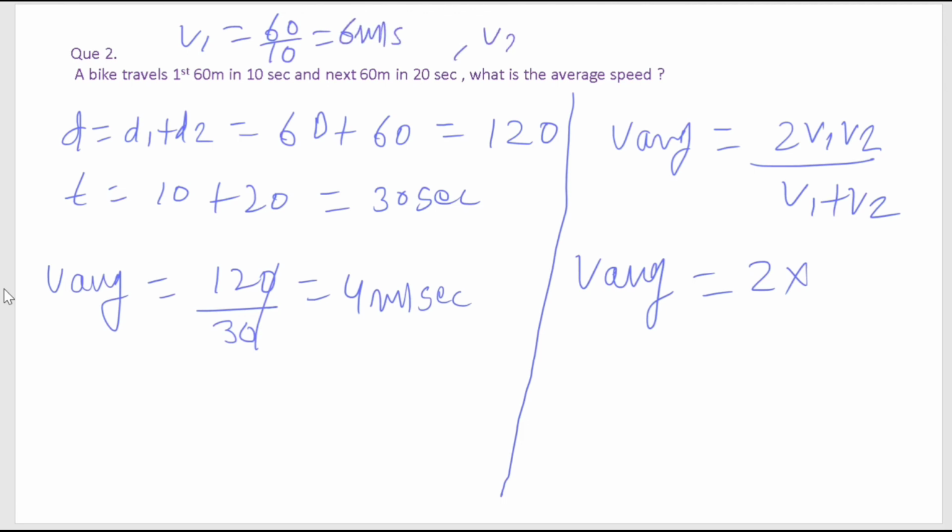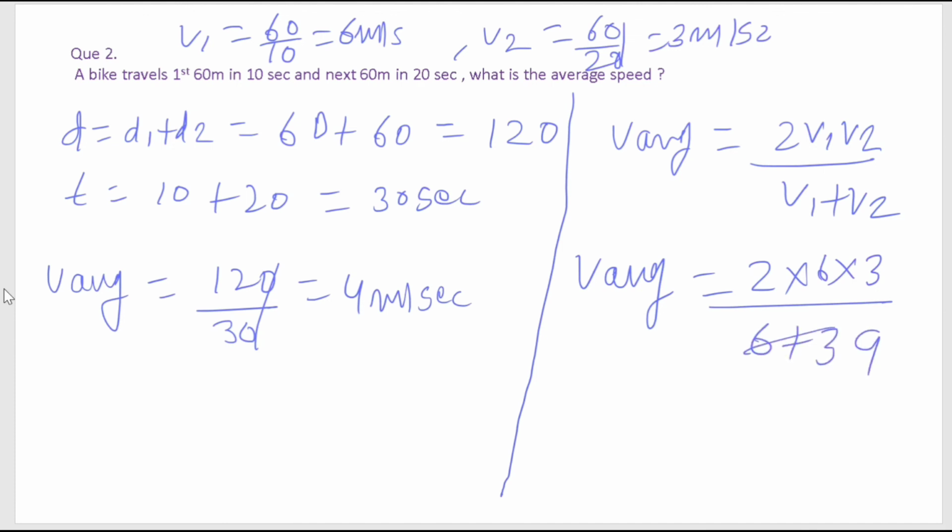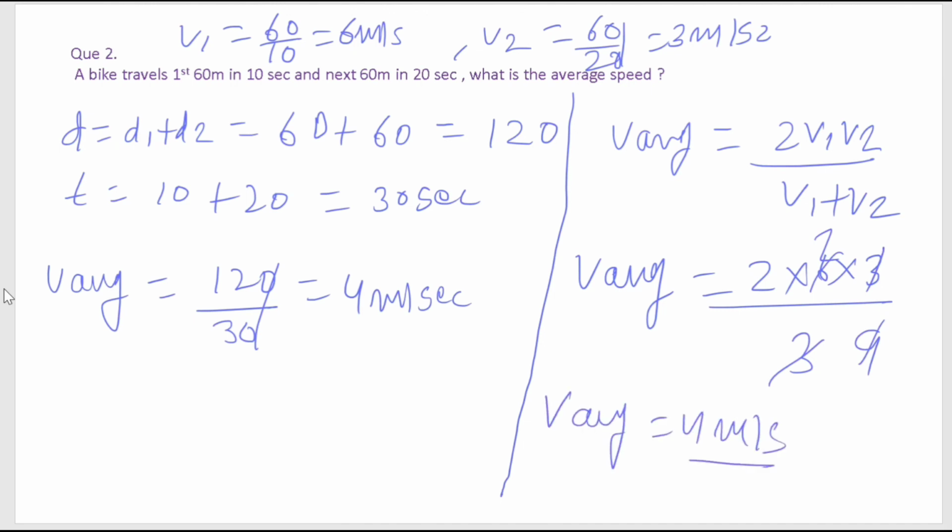The next 60 meters in 20 seconds gives v2 equals 3 meters per second. So v1 equals 6 and v2 equals 3, and 6 plus 3 equals 9. Then 2 times 6 times 3 is 36, divided by 9, so the average speed equals 4 meters per second. This is the same answer by two different methods.